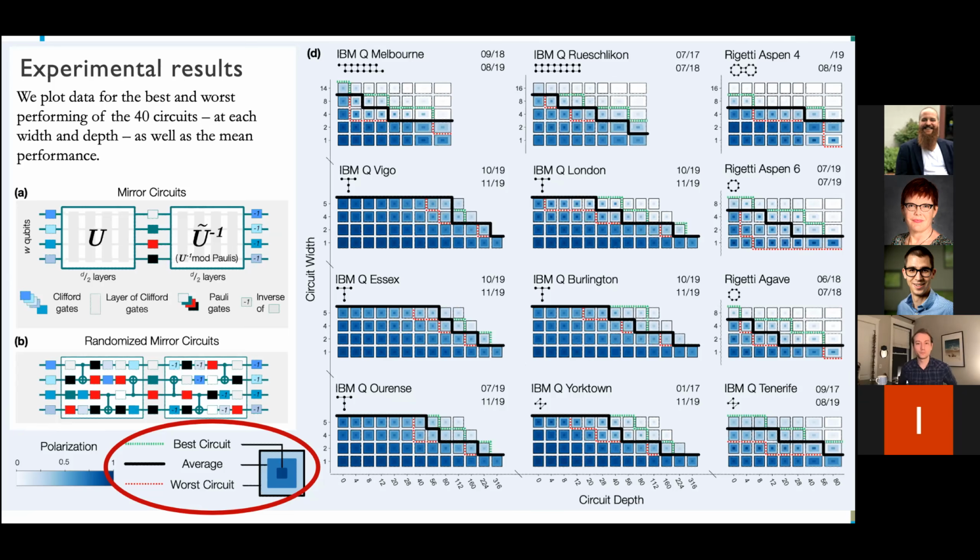Go for it. For the circuit width, how do you choose the qubits in each of these selections for the width? For this experiment, what we did is we selected multiple sets of each width, did benchmarking on those, and then we selected which set was the best.